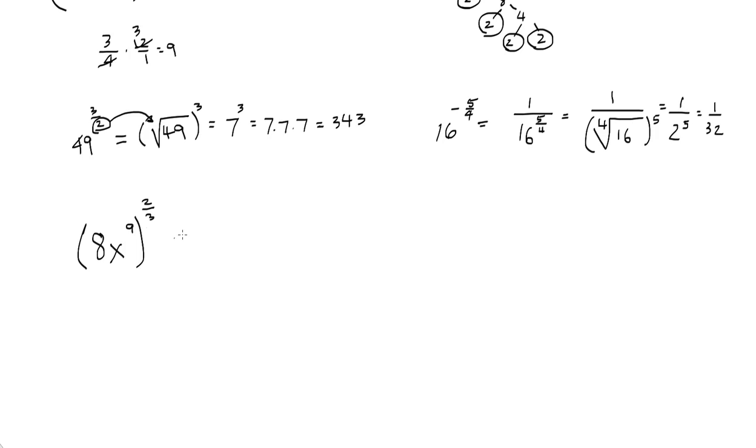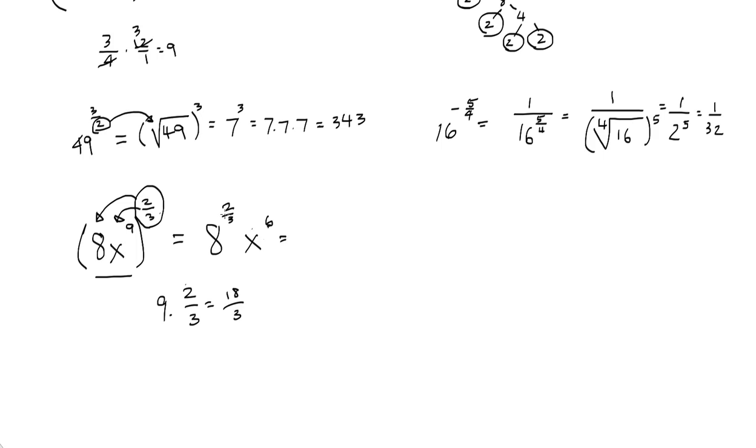That's a good one. Okay, so what have we got? Remember that when we do a power of a product, we have to take that power and raise everything inside the parentheses to that power. So I have 8 to the 2/3. And then when I do x to the 9th times 2/3, 9 times 2/3 is 18/3, which is 6.